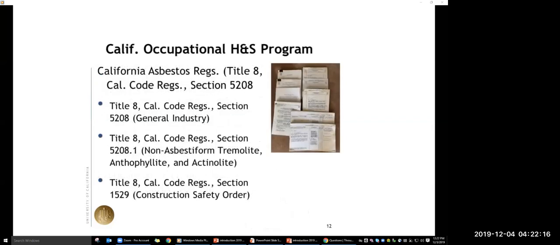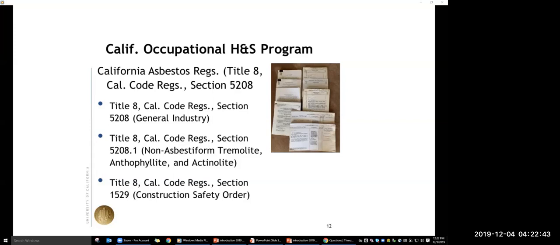With the disengagement of Cal-OSHA in 1987, I was reassigned to the Cal-OSHA headquarters in the Research and Standards Unit. My assignment was to expand Section 5208, the asbestos regulation, from a 4-page general industry regulation to an asbestos construction regulation, a general industry regulation, and a non-asbestiform regulation.